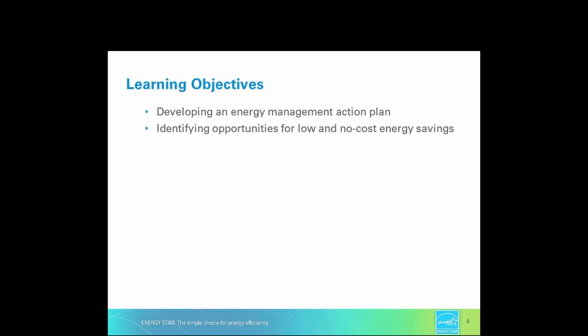Today, we're really going to be focusing on something that is simple, oriented towards getting your plan on paper so that you can identify concrete actions that you can take in a specific order. Then we'll talk about ways to identify opportunities for low and no cost energy savings, and then the steps you can take to put those opportunities into practice, moving from identification into implementation.